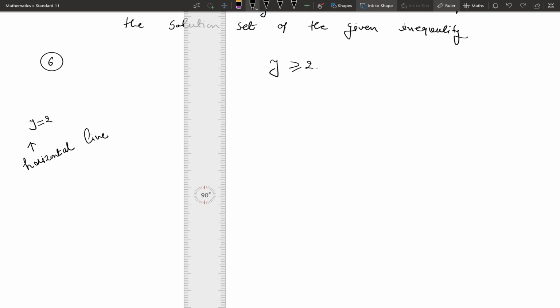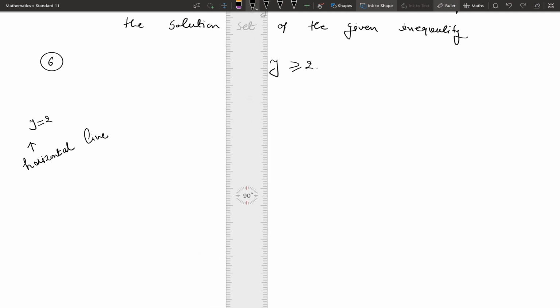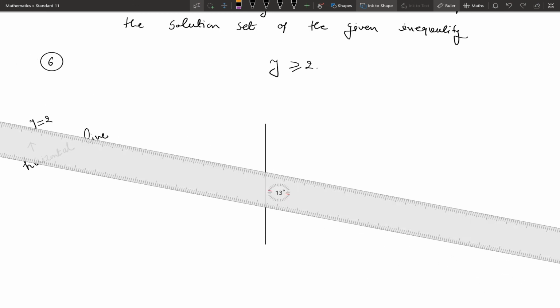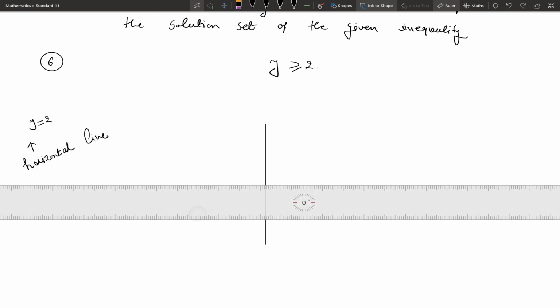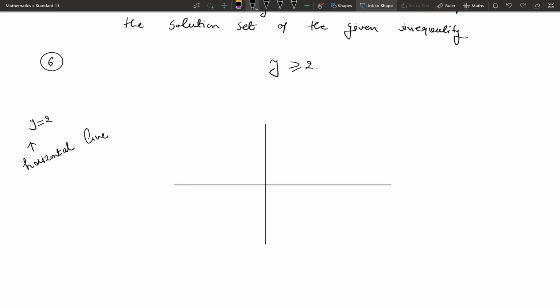So we draw the xy plane, this is the x axis, y axis.